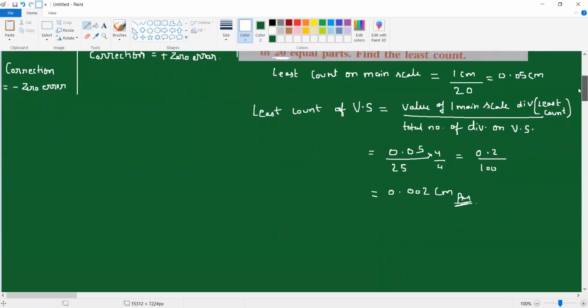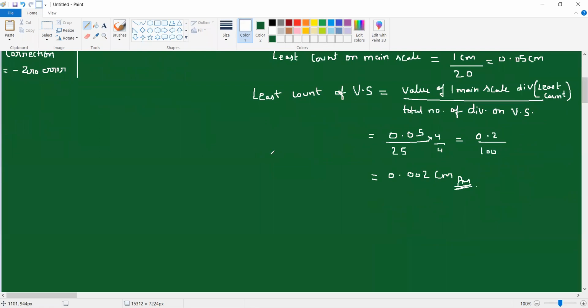Okay, let's move on to the next question. I'm going to click a photograph of this also. You do not have to do these questions in your physics notebook. Just solve them in a rough copy, and then try to solve numerical examples from the book in the copy.